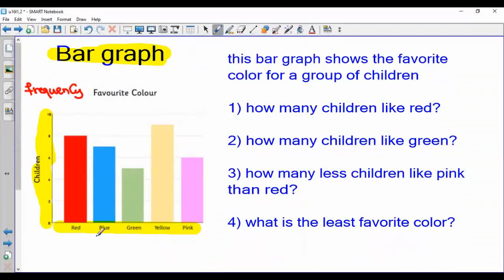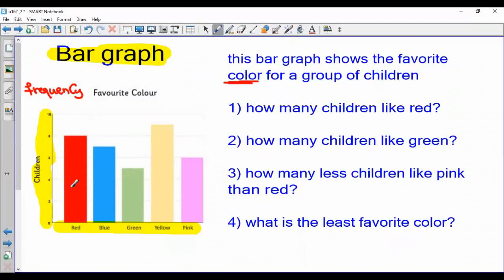This bar graph shows the favorite color for a group of children. Okay? Why do I call it a bar graph? Because when I represent the number or the frequency of something, I don't represent it using separated blocks. No, I represent it using a bar.